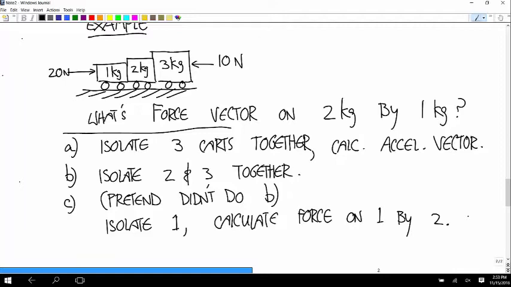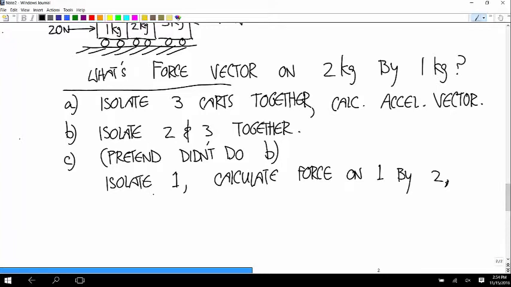And if we know the force on 1 by 2, then Newton's third law says the force on 2 by 1 is the same magnitude, just in the opposite direction. So for step C, we're going to isolate the 1 kilogram cart.